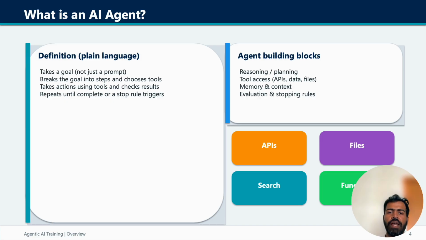Now, what is an agent? An agent is built to achieve an outcome. You give it a goal and it walks through multiple steps to complete that goal. For example, prepare a weekly report and email it. That requires pulling data, summarizing, formatting, and sending.